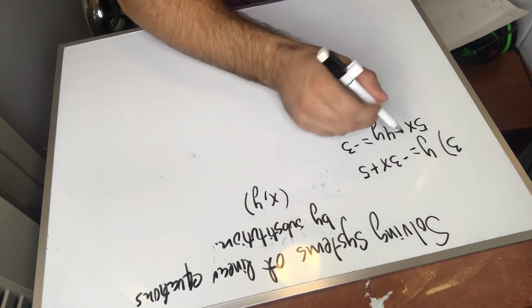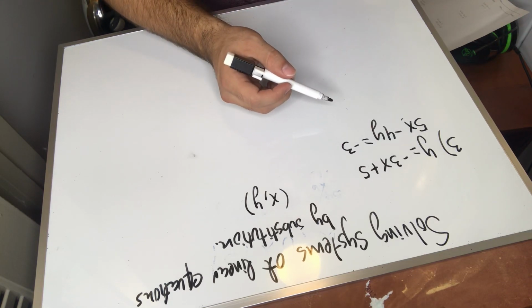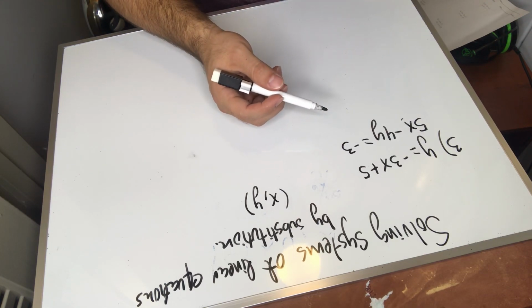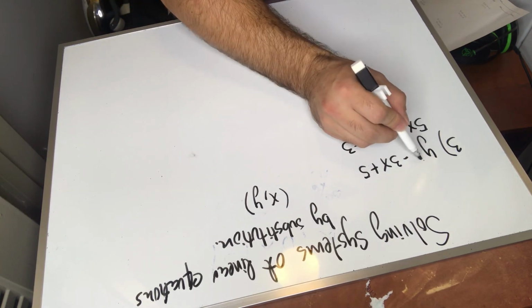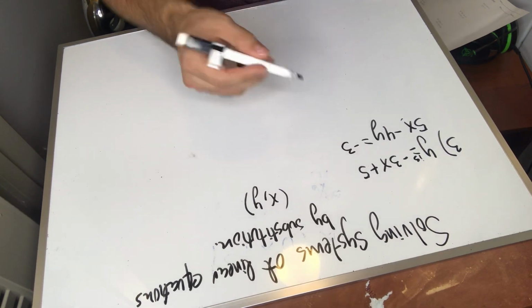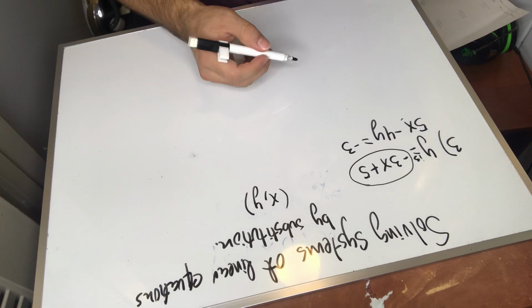So the first thing that I notice is that my first equation already has y isolated. So I'm going to use this to my advantage, and I'm going to say that y is negative 3x plus 5.